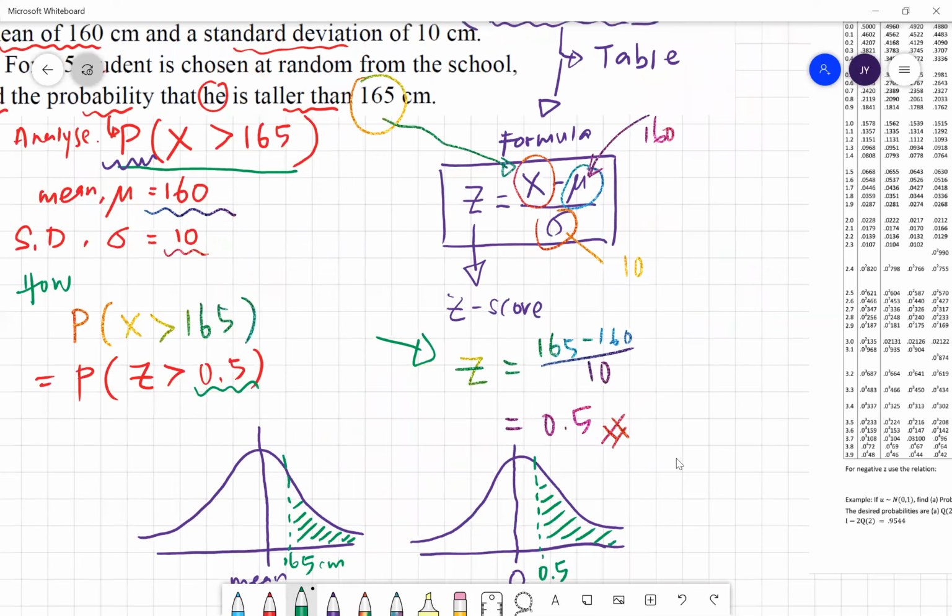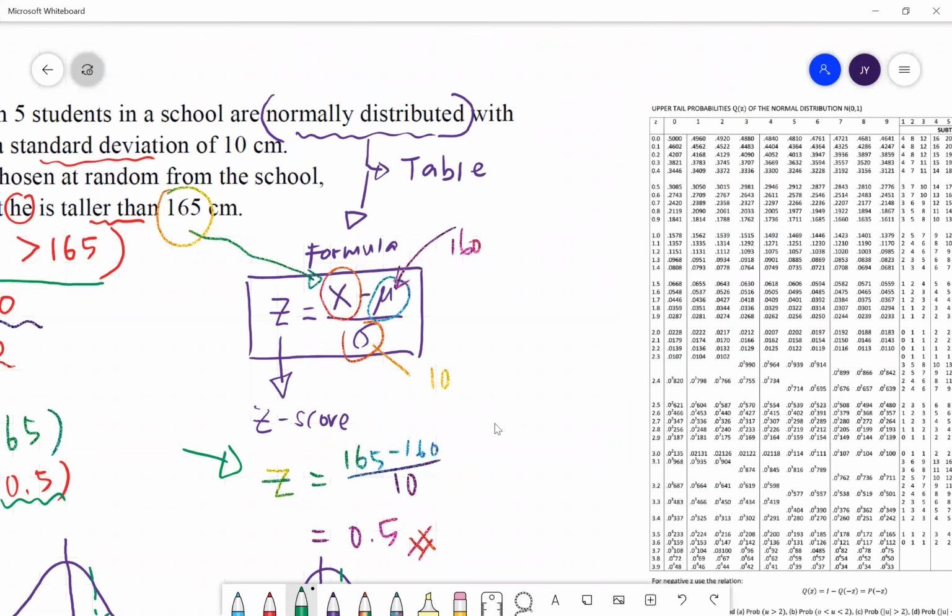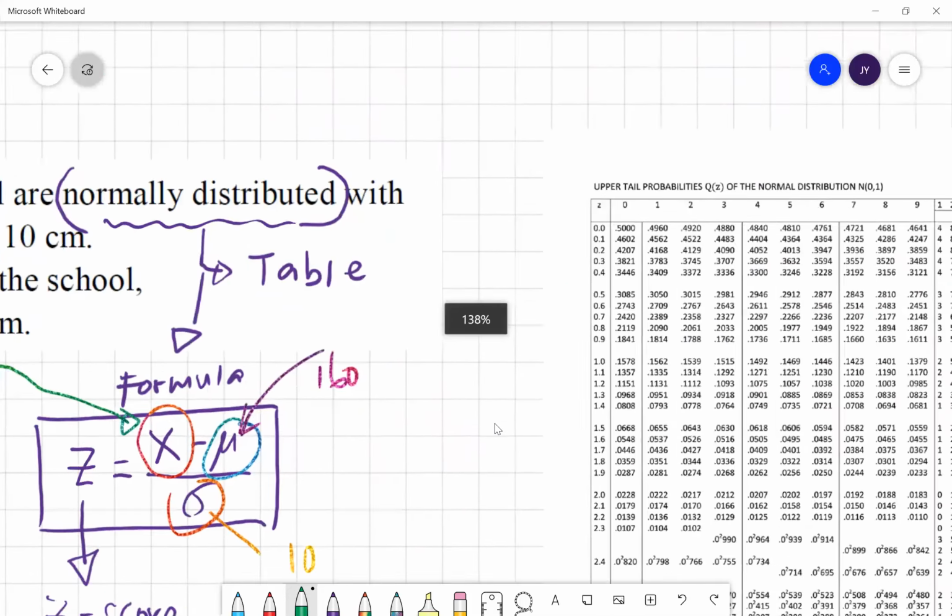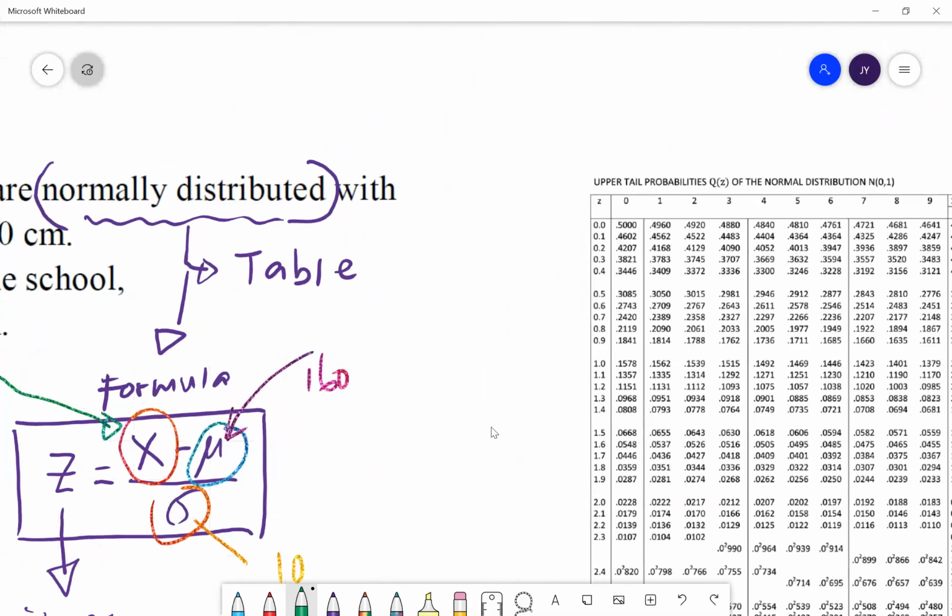I go to the table and find Z. Z is over here. This is Z. 0.5 is here. So the answer is 0.3085. Why do I use this, and not this, or this? Because the column is over here. 0.5, behind it there is no more number, which means 0. So I will look at the 0 column.